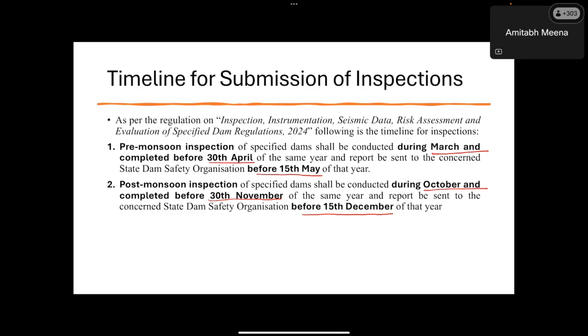Then just after the retreating monsoon is finished, they can complete another inspection also, because there may be some problems in the dam during this retreating monsoon. So those could be identified after that.